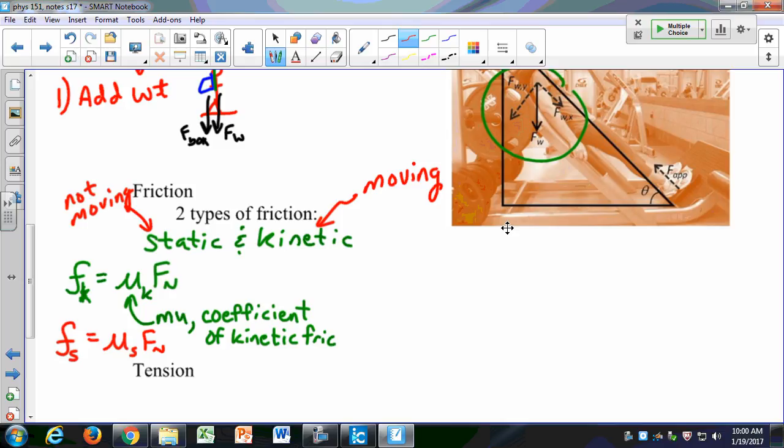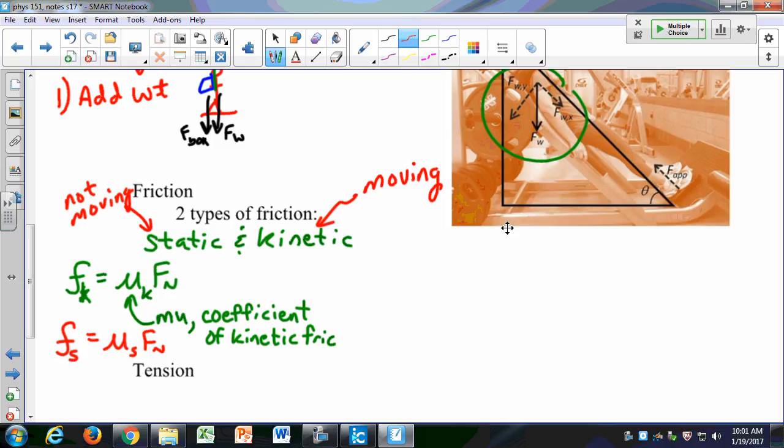You ever think about the tires on your car? They have friction between you and the road. Which is it? Is it static or kinetic friction? The road's not moving. Now think about that. What is it?